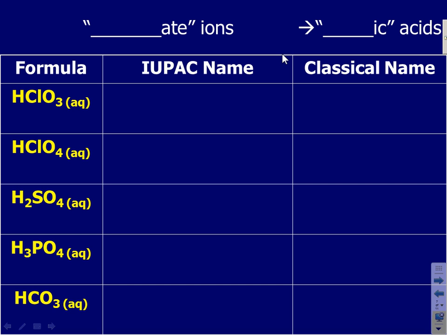Now that's even simpler than the name we just had up above. For the binary acids, right, that end in "ide," it becomes hydroblankic acid. If it ends in "ate," we don't even need to put the hydro in front. You just change it to "ic." All right?